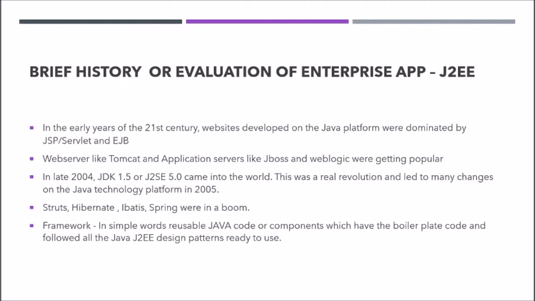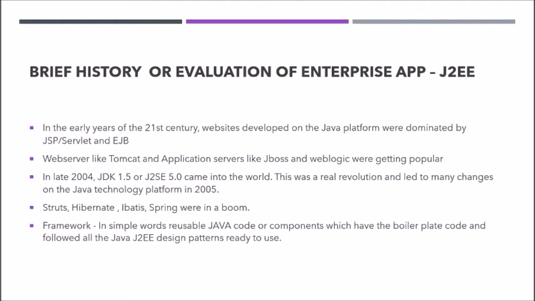Why we are talking about frameworks here is that Spring is a framework. It has multiple components, and the evolution of Spring in modern days became Spring Boot, which is nothing but a rapid application development environment where you don't need a separate application server or web server.